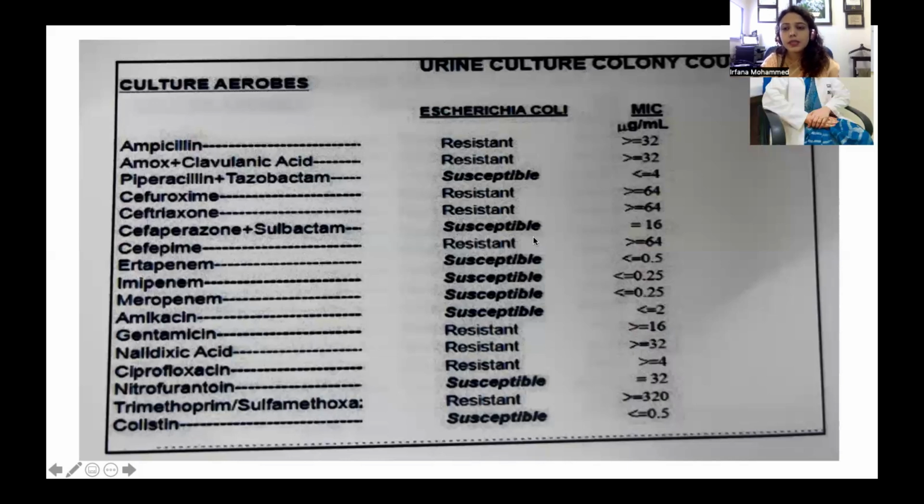In ESBL, what is important is that if it is coming from urine or from pus, you can take it at face value and give piperacillin tazobactam or cefoperazone sulbactam as treatment.